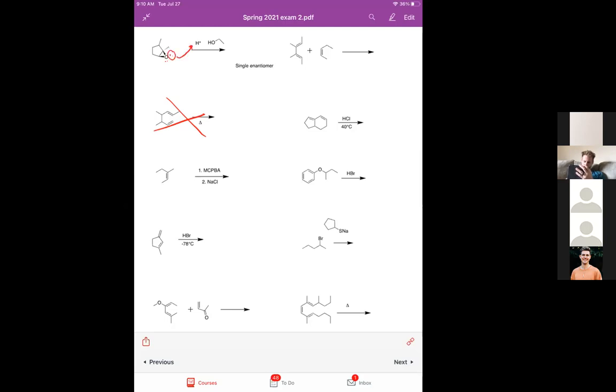We'd pick up an H here. We've got our protonated epoxide, which means when it's protonated, you're going to open on your more substituted end. So now your OH is coming over here.